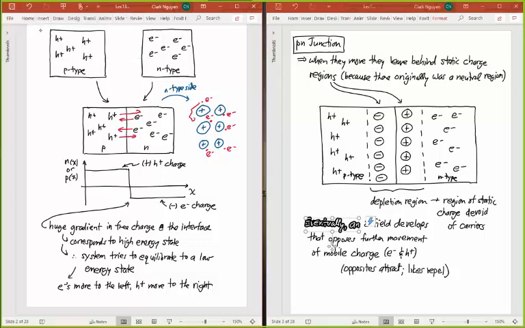They move around in many different directions here. And their average motion makes this whole thing neutral. However, if because I put these two materials together, I end up with the electrons going to this side, then as the electrons go to this side, they leave behind positive charge.